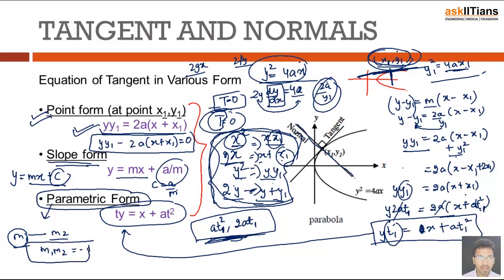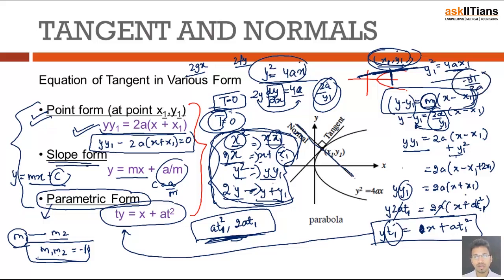So by deriving the equation of tangent, we can find the slope, and from that we can find the slope of the normal, and then we can find the equation of normal using again this form. Only m1 changes, and it will be minus of the reciprocal of this, so that will be minus y upon 2a1. We will study that also.